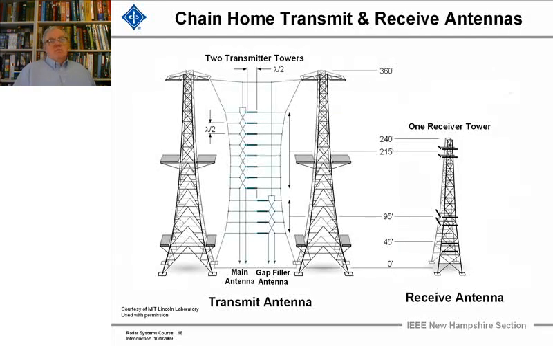Now here's what I call a technical picture of the radar. You see these dark elements were half a wavelength long. To get more gain, directivity in the vertical direction, there was a row of 8 of them, a half wavelength apart, and then a gap filler antenna to make a beam at a lower angle. The tower was steel and 360 feet tall.